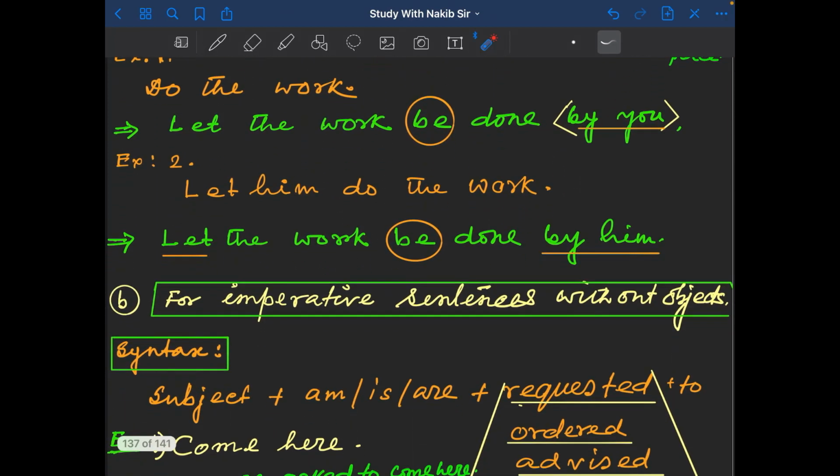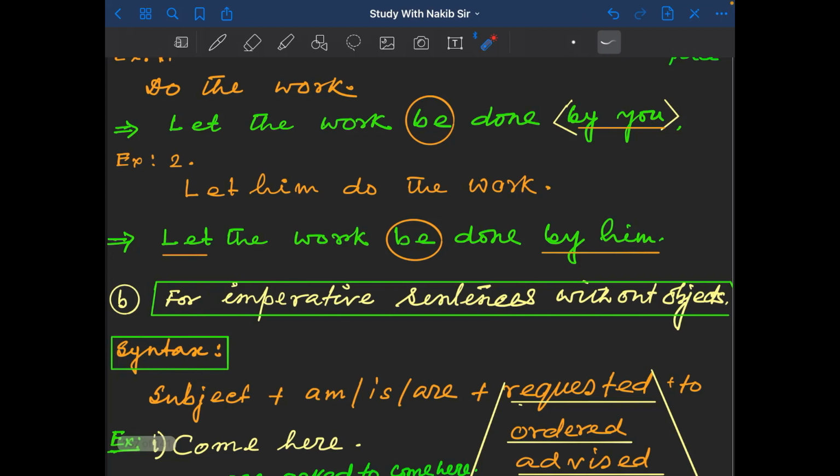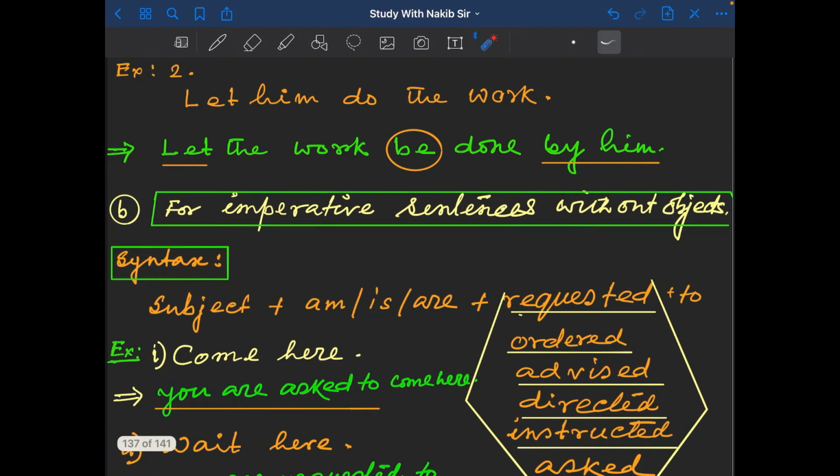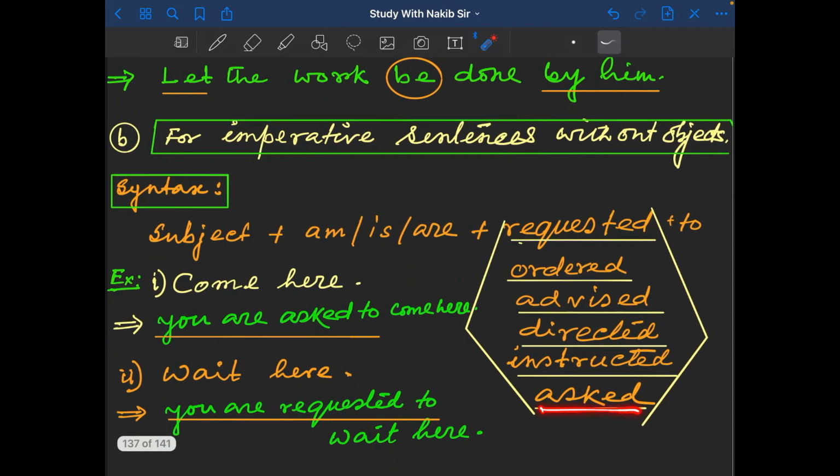Now see the syntax for the imperative sentences that have no objects, without objects. For the imperative sentences without object, see the syntax, the passive voice structure. Okay, use subject, am is are, then requested or ordered or advised or directed or instructed or asked.